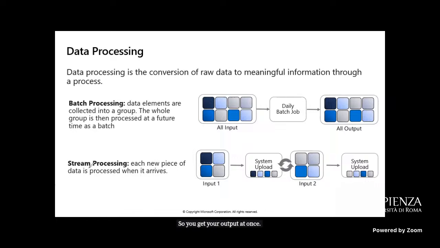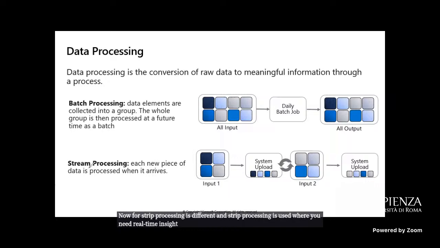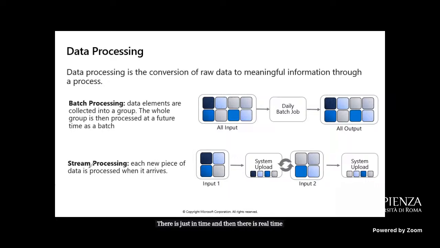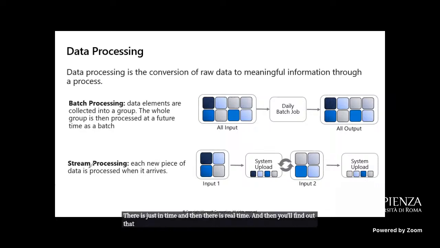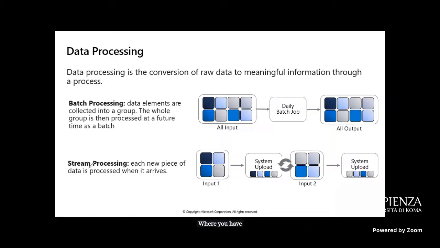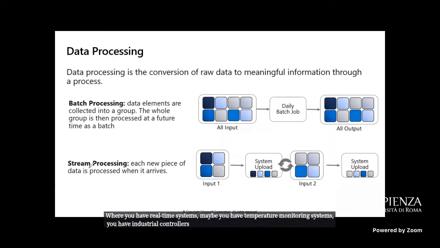Now, stream processing is different, and it is used where you need real-time insight. There is just-in-time, and then there is real-time, and stream processing is used often and mostly where you have real-time systems. Maybe you have temperature monitoring systems, or industrial controllers that rely on heat sensors.